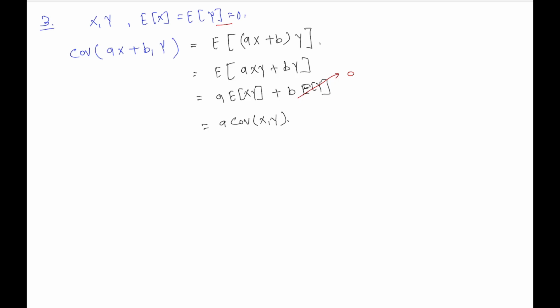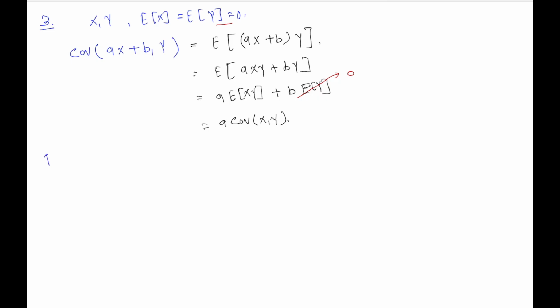So the overall point is that if you have two random variables whose expected values are 0, and you are trying to find the covariance of a linear function of the random variables x and y, then b will have no effect and the covariance will get scaled by the same quantity, that is a.